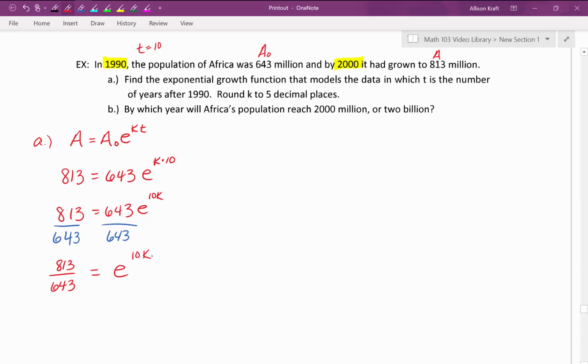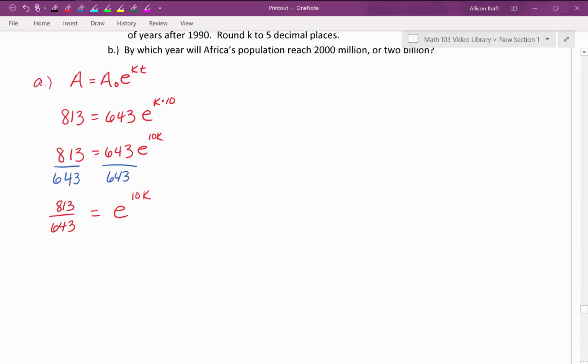We're not going to be able to rewrite both sides as the same base, so the one-to-one property won't apply. Instead, we'll rewrite this in logarithmic form. We get the natural log of 813 over 643 equals 10k, and then we'll divide both sides by 10.